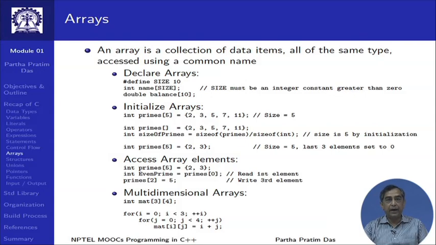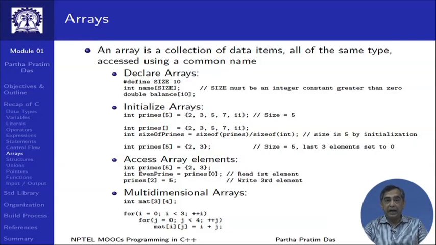If I say int primes[5] initialized with this list of values, separated by commas and contained within a pair of curly braces, then the first value in that list goes to the first element of the array, which is the 0th index element, as you know. The second on the list goes to the second element, which is at index 1, and so on.